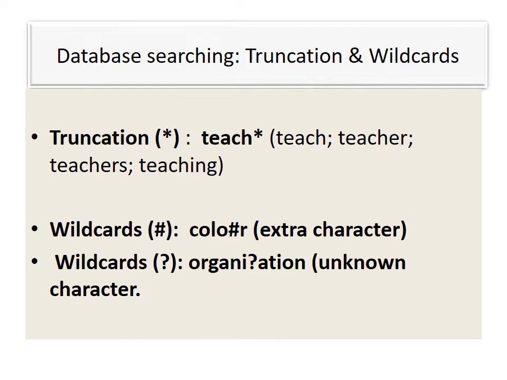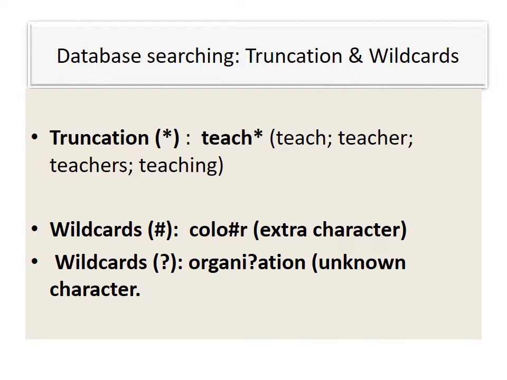The next wildcard is a question mark. To use the question mark wildcard, enter your search term and replace the unknown character with a question mark. The computer finds all versions of that word with the question mark replaced by a letter.